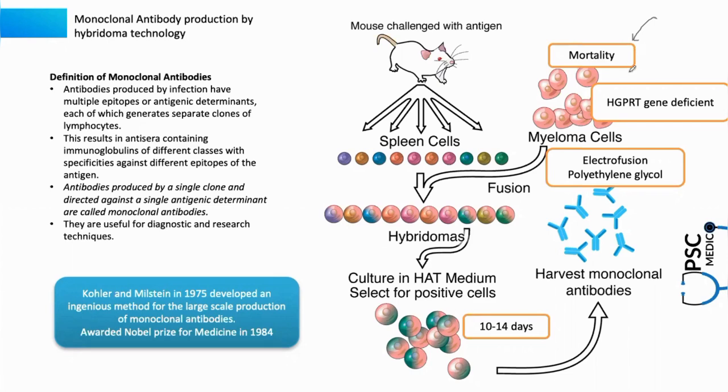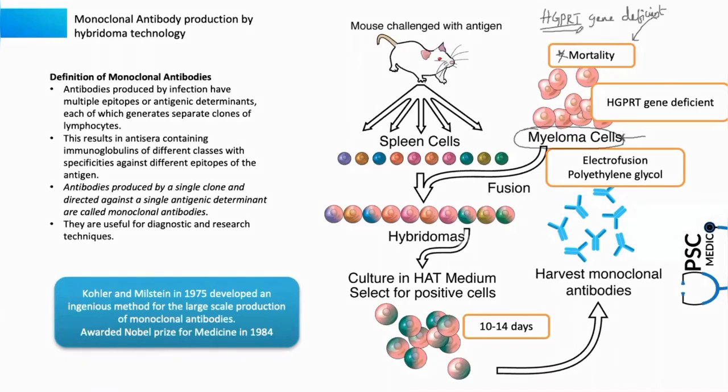So why are we collecting myeloma cells? For two things: their immortality, because they are cancer cells, they won't die, they multiply. And one more property which is important is monoclonal antibody production. But while you take these myeloma cells, the prerequisite condition is they should be HGPRT gene deficient.